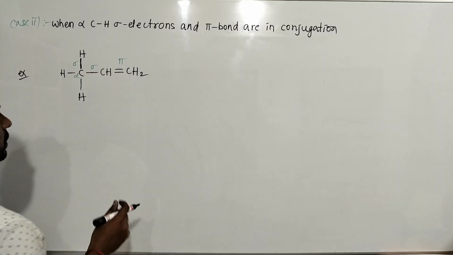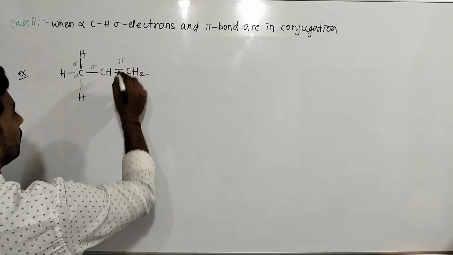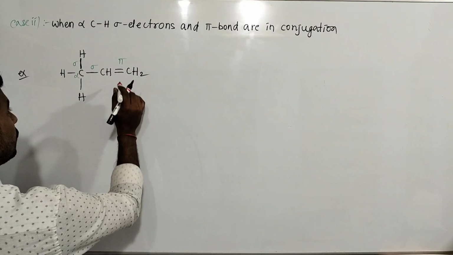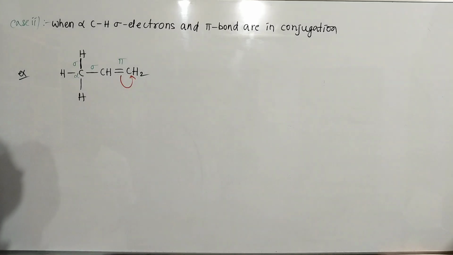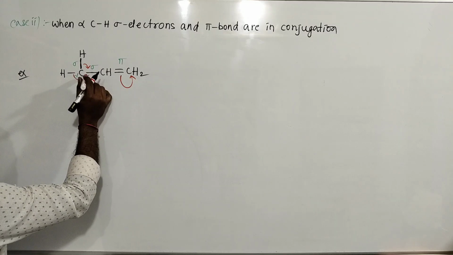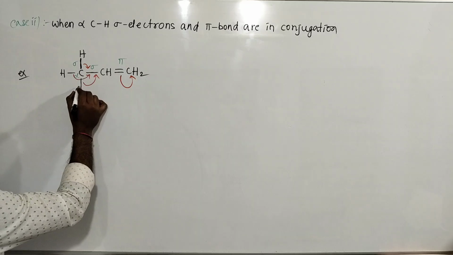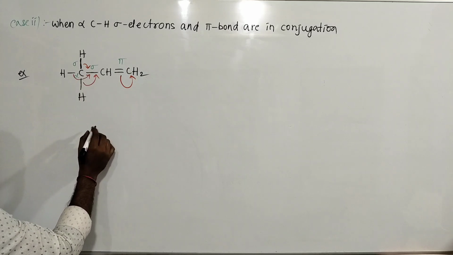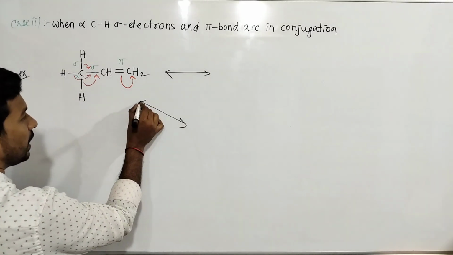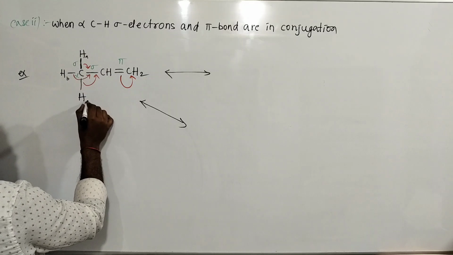This is an sp2 carbon. So here what happens, this pi electron moves towards this carbon. Whenever that pi electron moves towards this carbon, these electrons may shift here. Only electrons, not a hydrogen atom, only electrons. That leads to 3 hyperconjugative structures. Say this is HA, this is HB, this is HC.